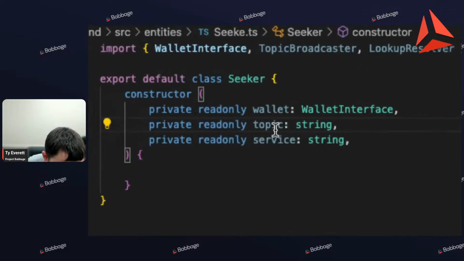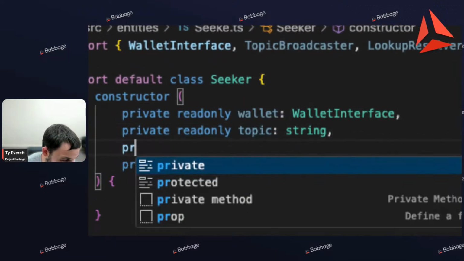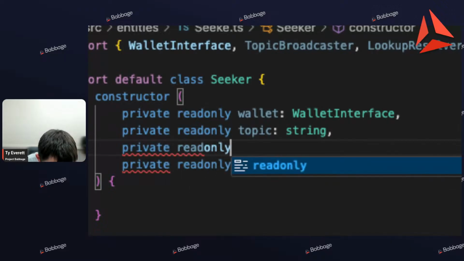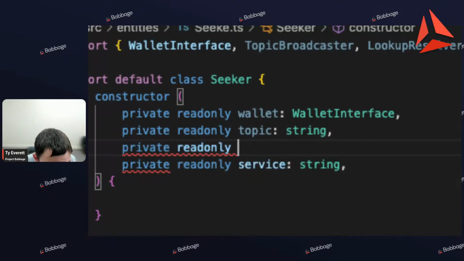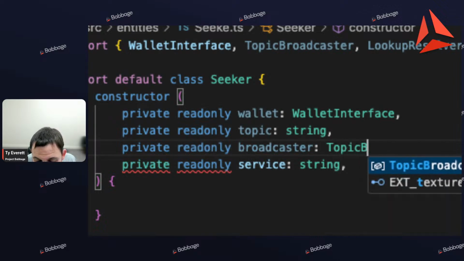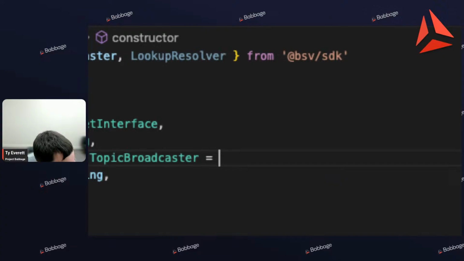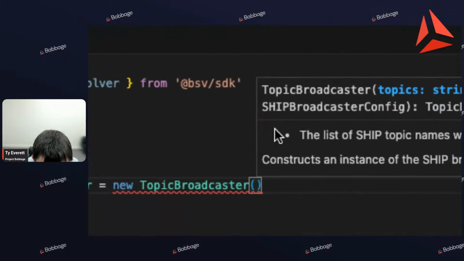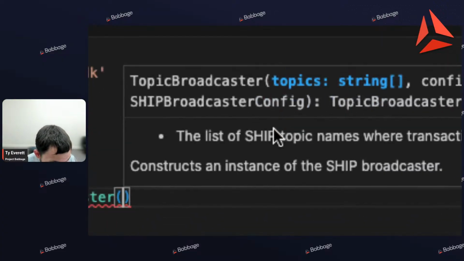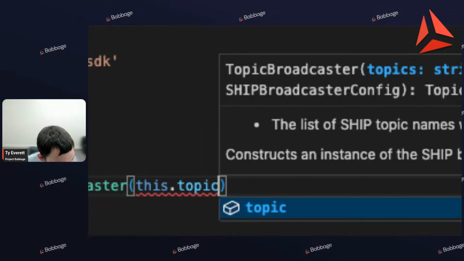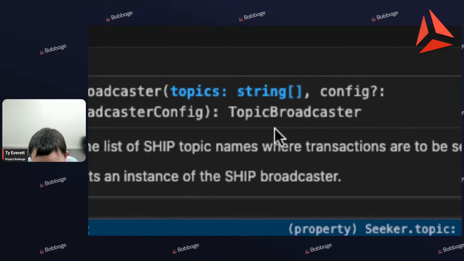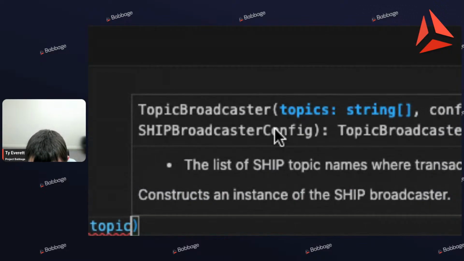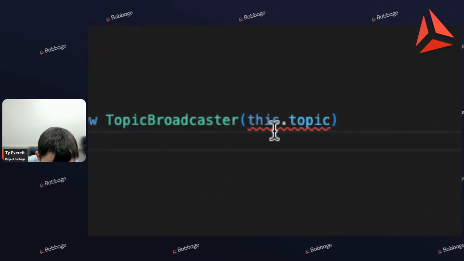So they know what topic they're going to use, and can I default this? I can, and can I pass in this dot topic magically somehow? Oh, it takes an array of topics. In this case, there's only one.